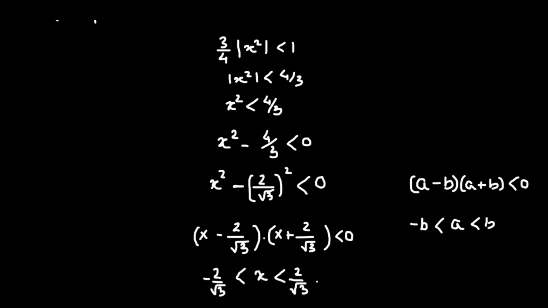So any value that lies between negative 2 over root 3 and 2 over root 3 is going to satisfy the expansion, which we are going to perform in a moment. So this is the required value of x that we need to consider. Now we move on to the expansion part.